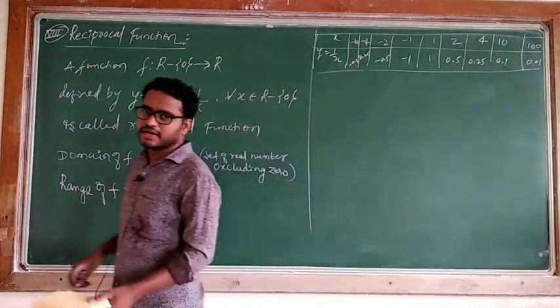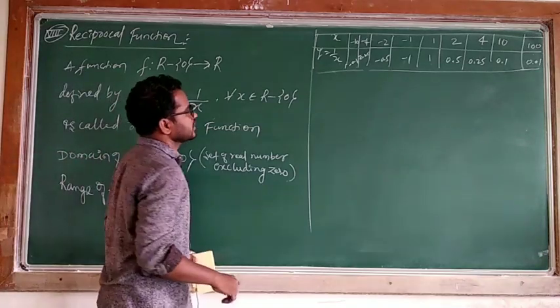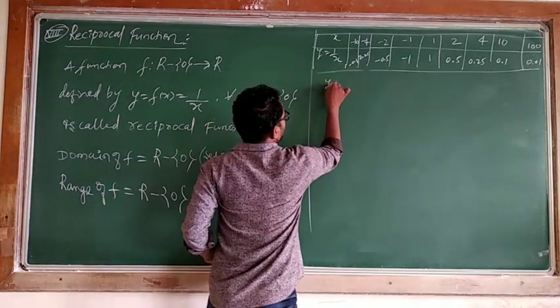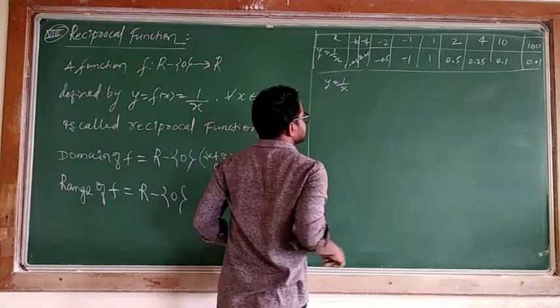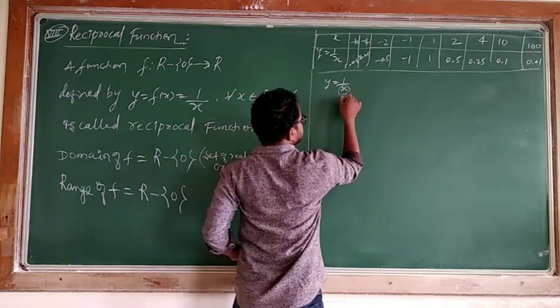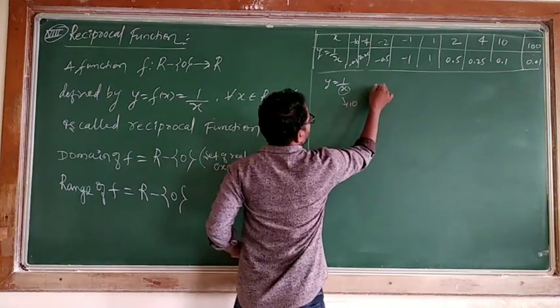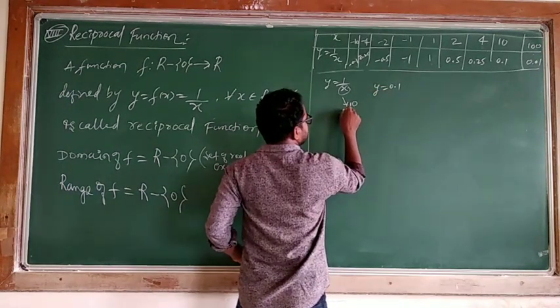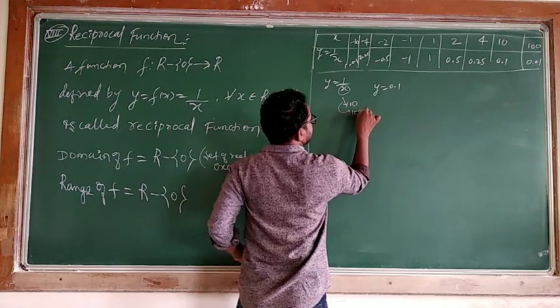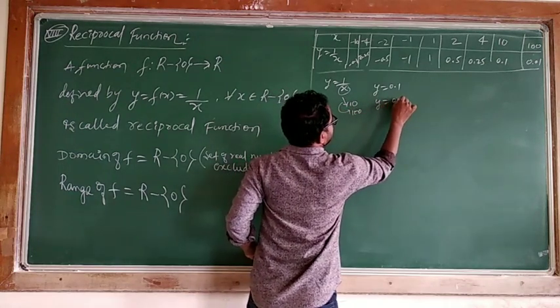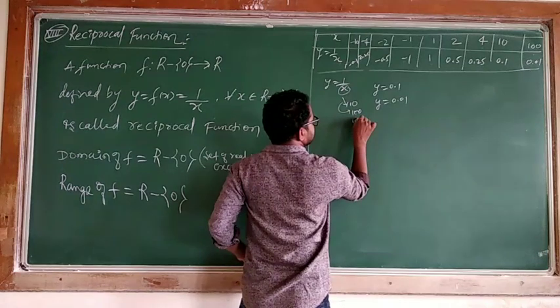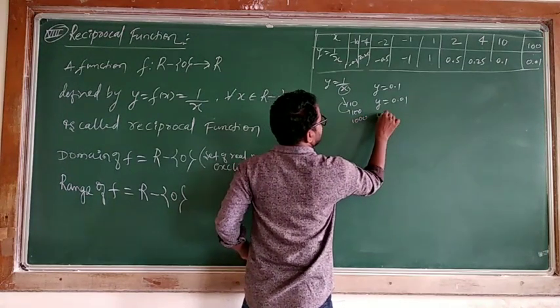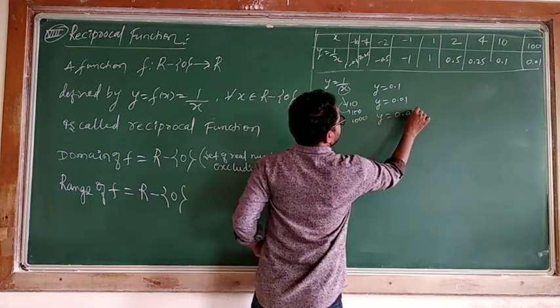So when I say here y is equal to 1 by x, if I am taking x is 10, the y value will be 0.1. x is 100, y value is 0.01. x is 1000, y value is 0.001.